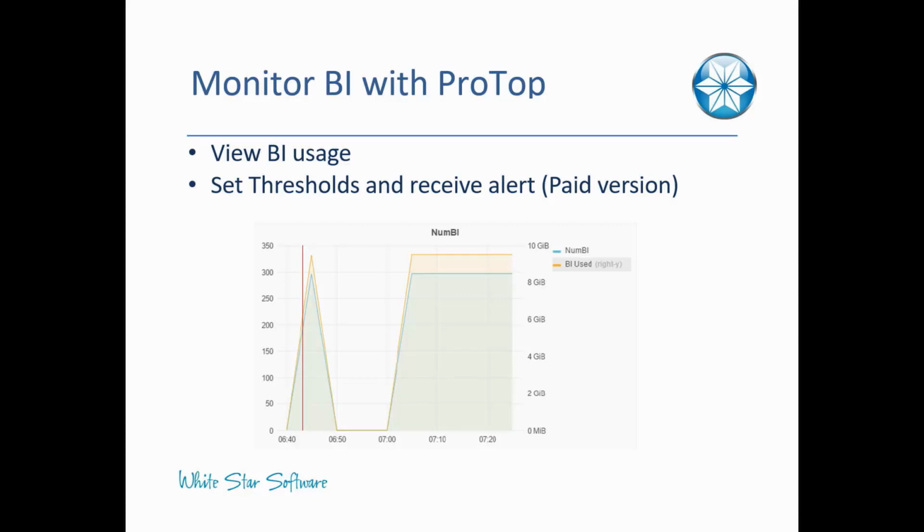So maybe your BI file, for whatever reason, grew to 2 gigs or 4 gigs or whatever. You care mostly about how much of it is being used. And so in Protop, in the free version, you could actually see what your BI file usage is. And in the premium version, you can get alerted at various thresholds.